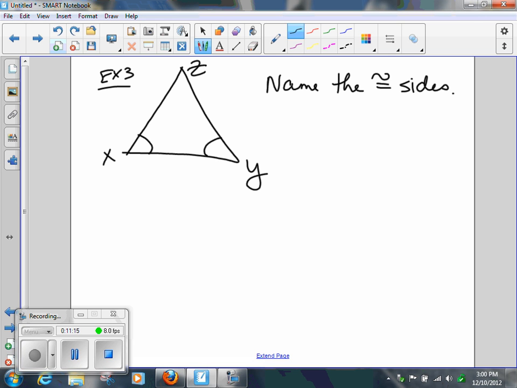This is completely opposite of what we just did. You got it? What's it going to be? It's going to be here, there and there. Yeah? So it's going to be segment XZ is congruent to segment what? ZY, or YZ. It doesn't matter how you write it, just as long as you write it. How many of you got that? You understand that?